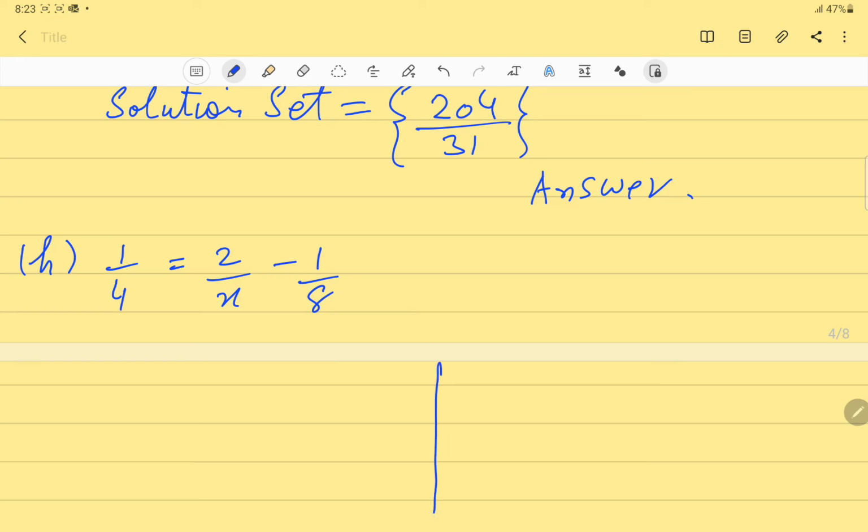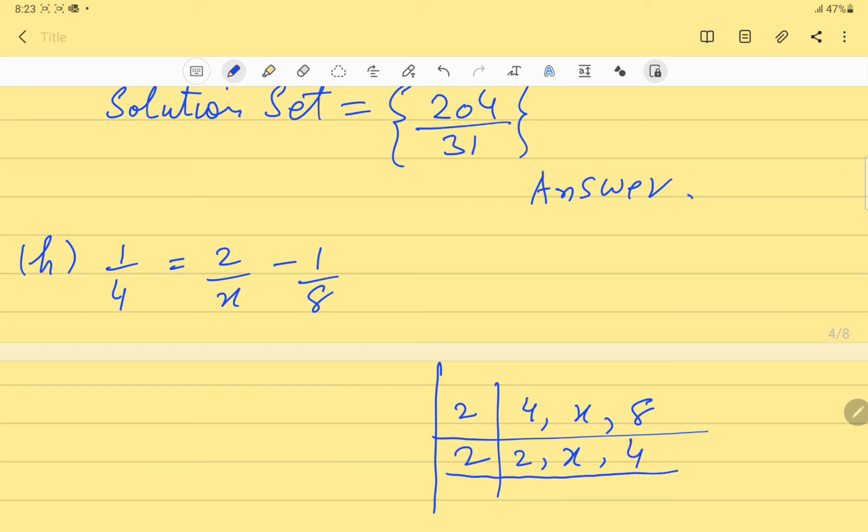We have these three: 4, x and 8. 4 and 8 can be divided by 2, so 2 2s are 4. x we will bring down as it is, and 2 4s are 8. Again it can be divided by 2, 2 1s are 2, x will come down as it is, and 2 2s are 4.